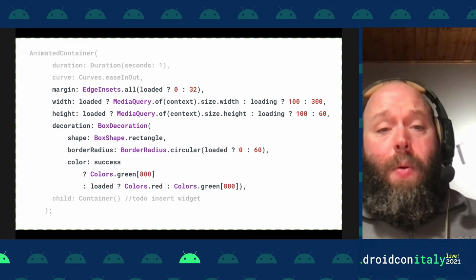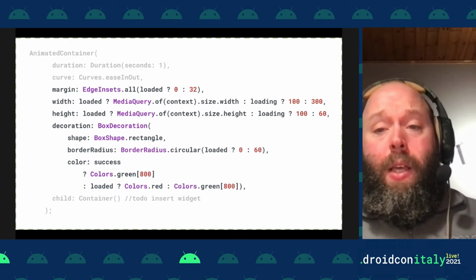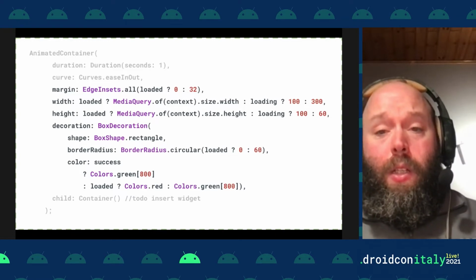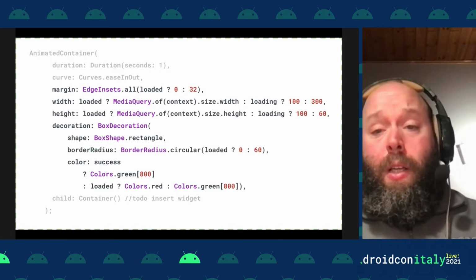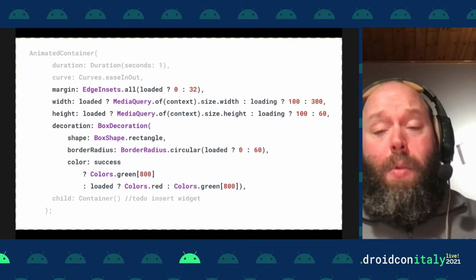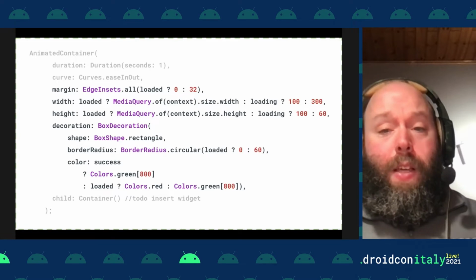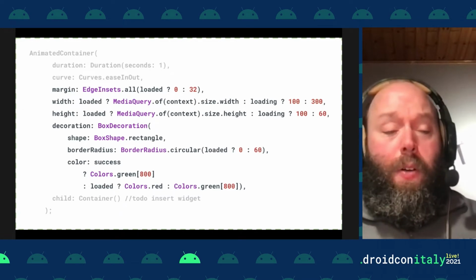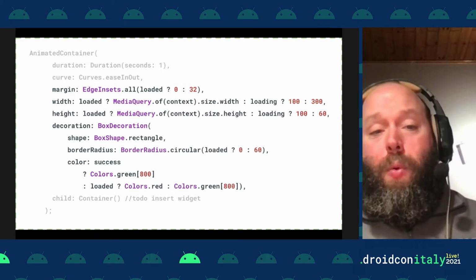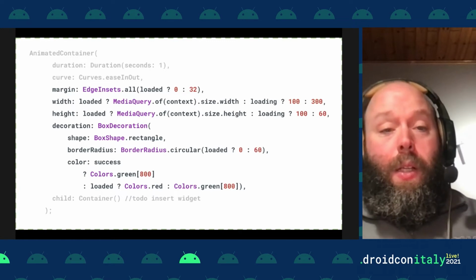For example, our button will be as large as the screen if it is loaded, or it will be a smaller size if it's still loading, or we have a default state, for example, before we tap on the button.